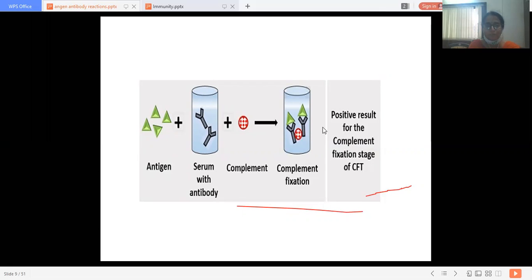So this is a positive result for the complement fixation stage. This way the complement fixation reaction happens. It is the fifth type of reaction of antigen and antibodies. The net result of complement fixation is lysis of the cell, and whenever opsonization occurs, there is phagocytosis.